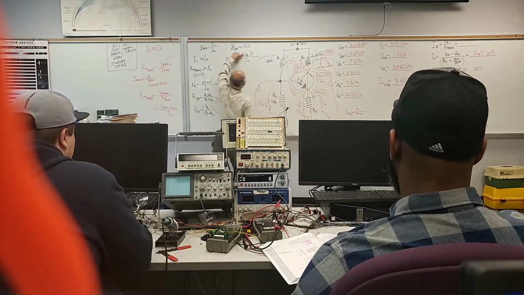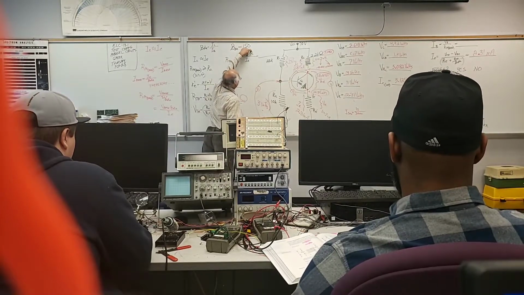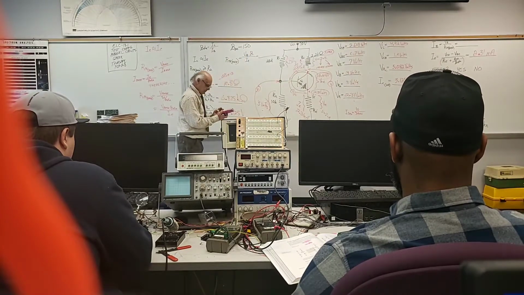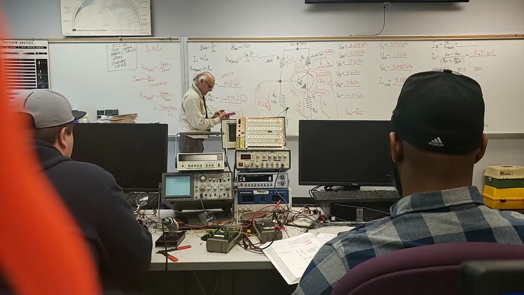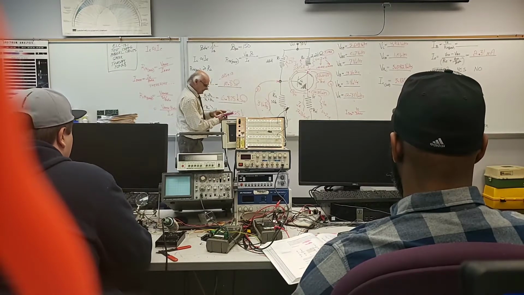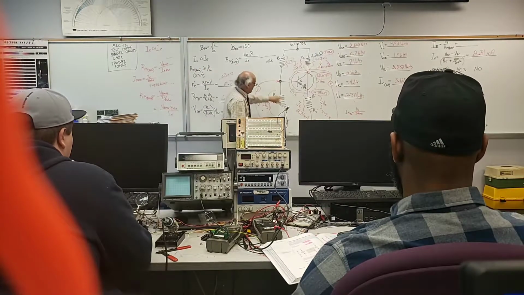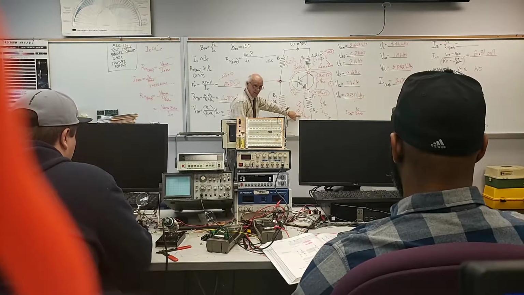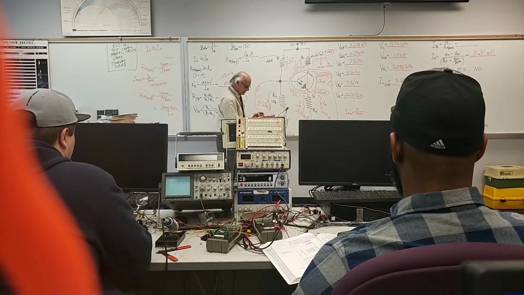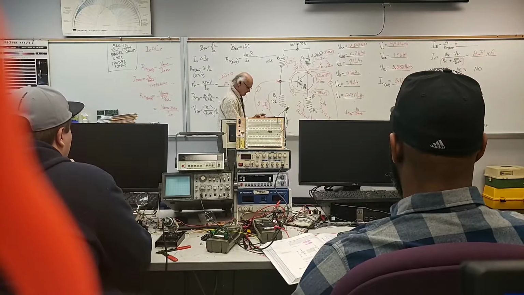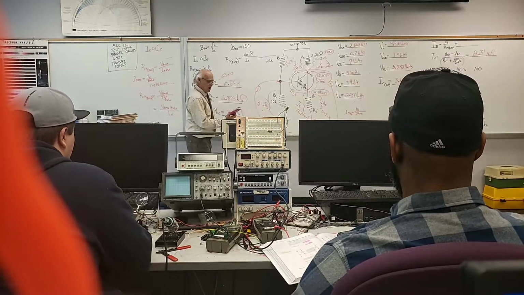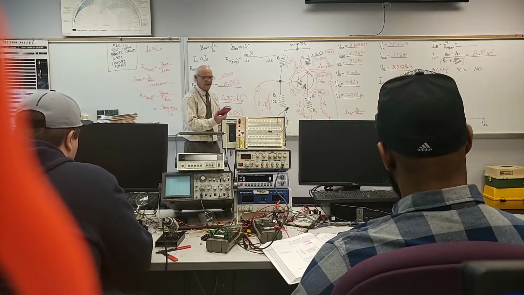Multiply it times 150. So 3 times 150, and divide that 450 by the emitter current, which is 2.31 milliamps, that's 0.00231. And that gives me 194.8 K.